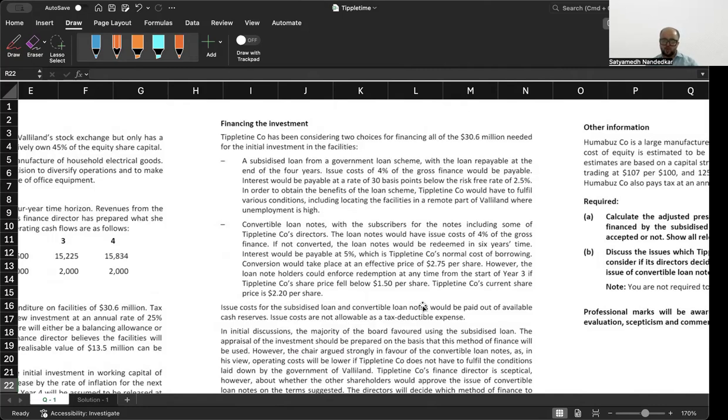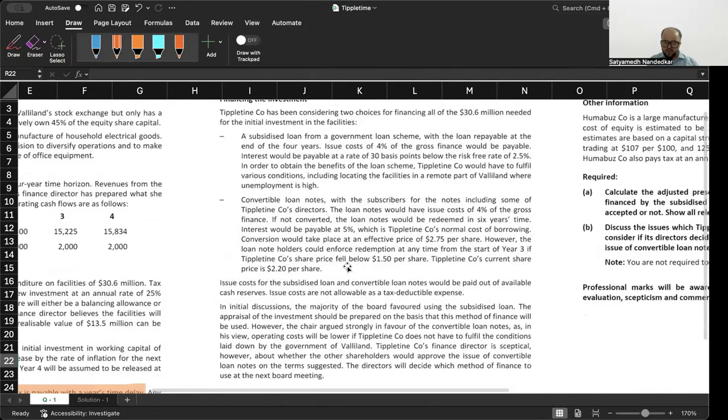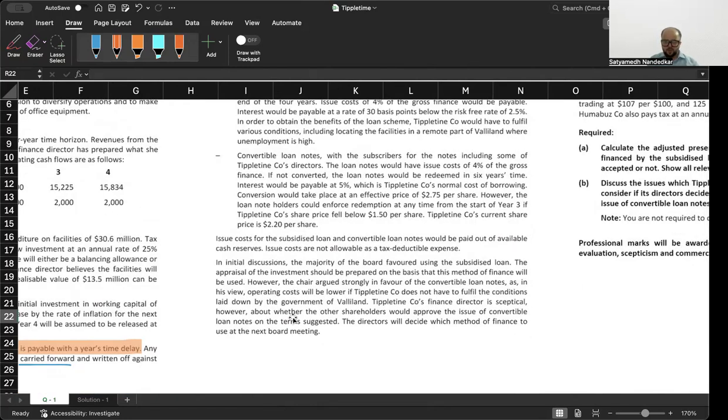However, the loan note holders could enforce redemption at any time from the start of year 3 if Tippletine Company's share price fell below 1.5 per share. Tippletine Company's current share price is 2.20 per share. So if the price falls below this number, then they could force the company to go for a redemption. Right now, the share price is 2.2.